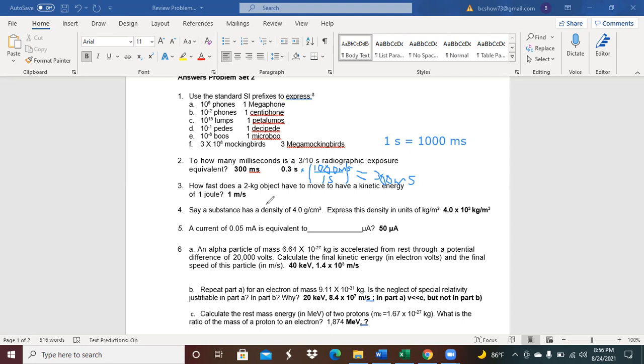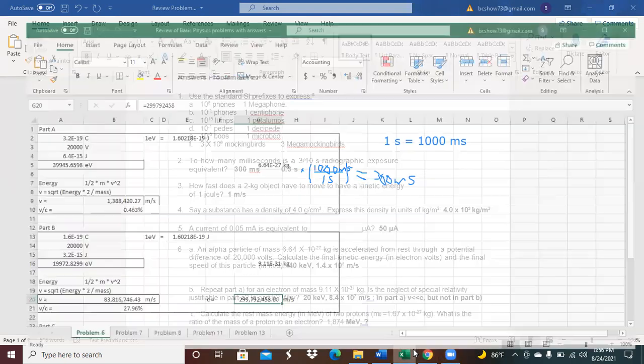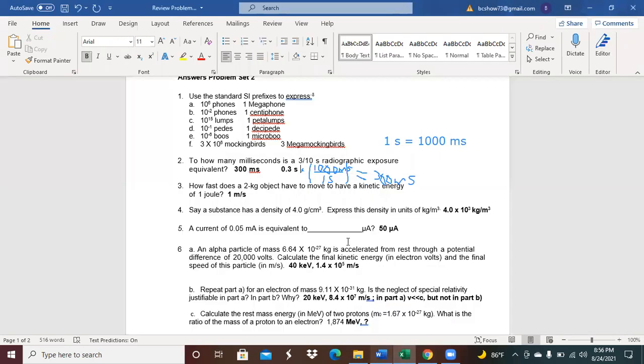How fast does a 2 kilogram object have to move to have kinetic energy of 1 joule? Now let's see. I'm going to put that particular tool away. Did I start here? No, I did not. Okay. All right.